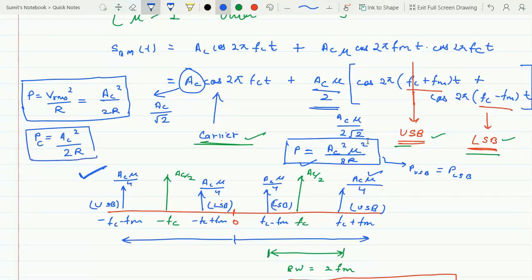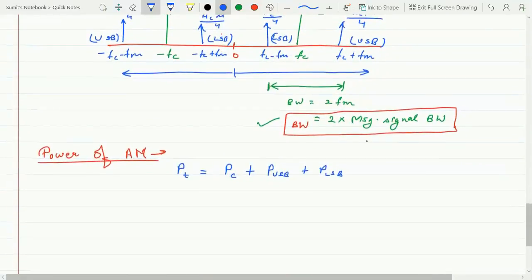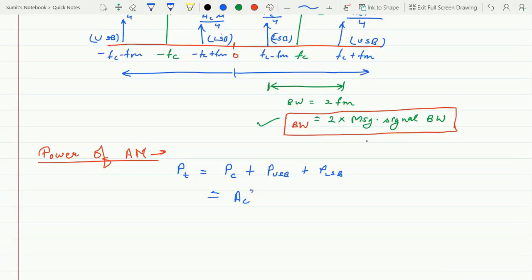I'll just normalize with respect to resistance and keep R equal to 1 ohm. So let's substitute these values in the expression. PC we found out as Ac squared by 2, normalized with respect to R, keeping R equal to 1 ohm. The upper sideband we found out as Ac squared mu squared by 8. Similarly the lower sideband also was Ac squared mu squared by 8.